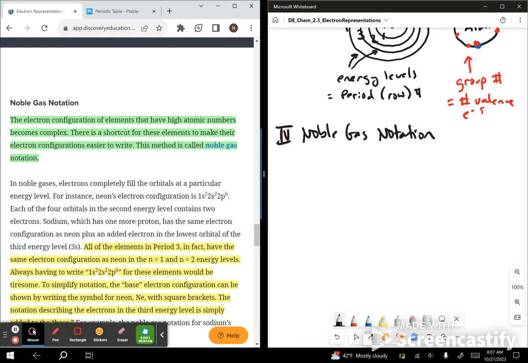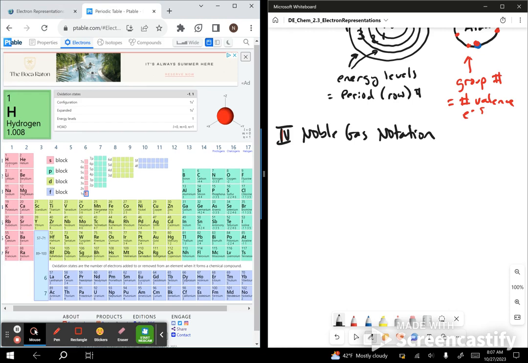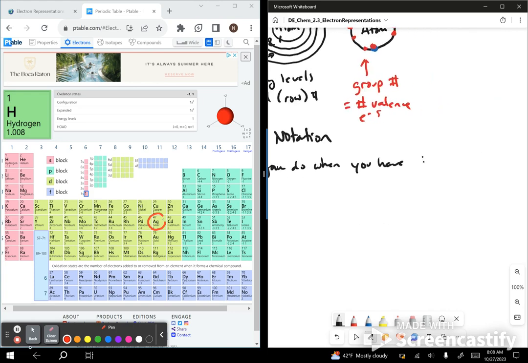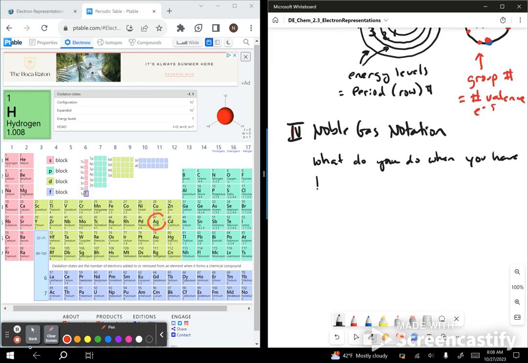So what happens when you're taking a look at some of these elements, like, we could say you had silver here, and silver has 47 electrons. Let's just first say, what do you do when you have to write out long configurations?